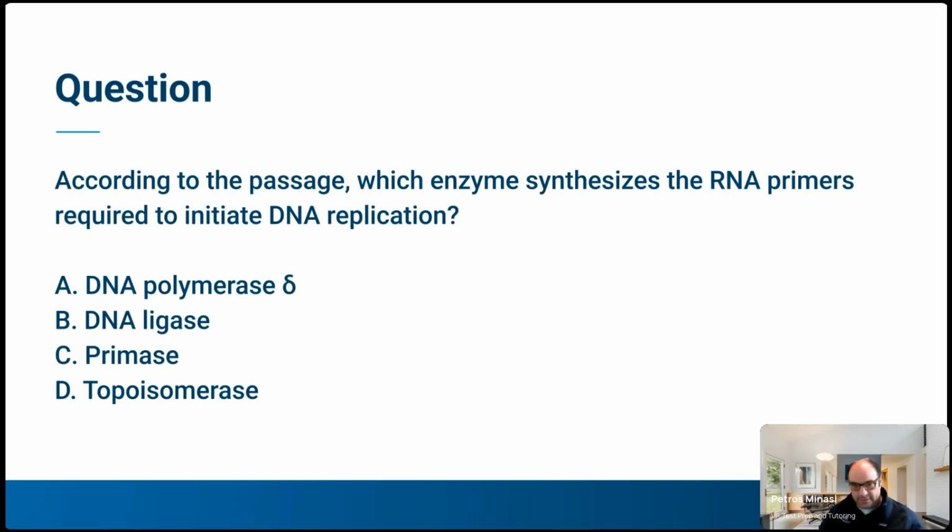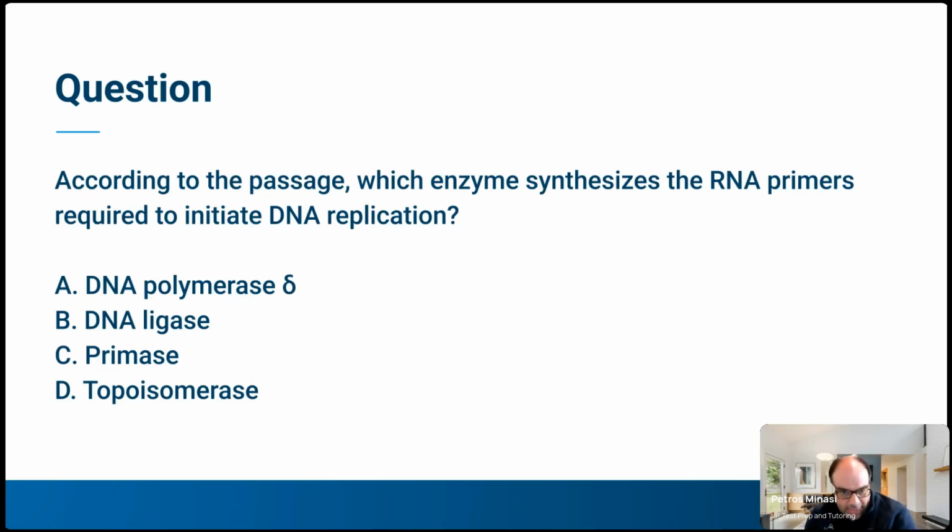DNA polymerase delta. The passage very explicitly told us what DNA polymerase delta does. What is its job as far as this process is concerned? Or don't even think about DNA polymerase delta, just DNA polymerase.